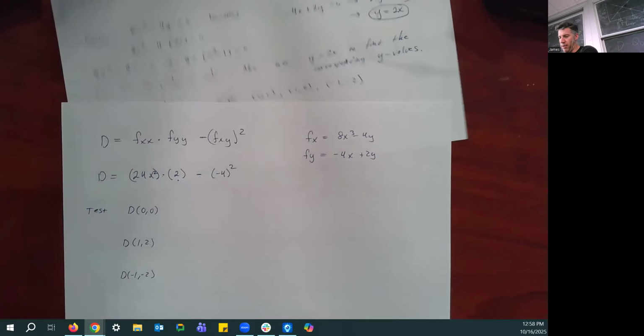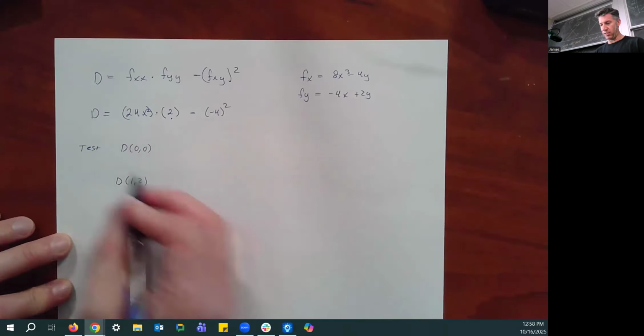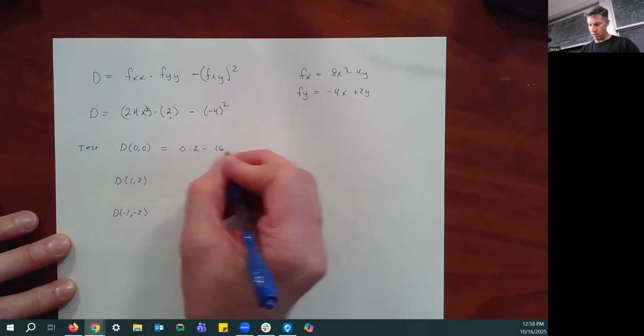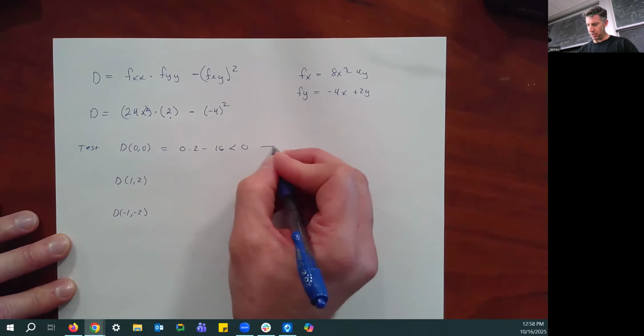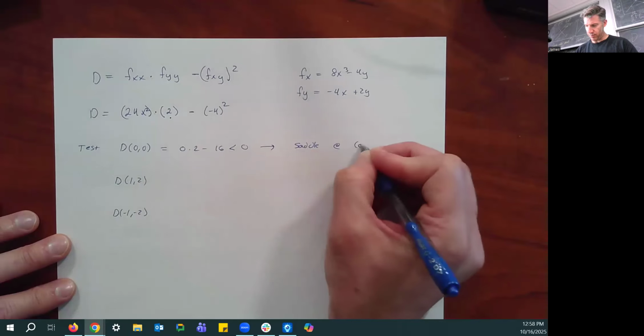All right, let's go ahead and see what we got. So our capital D is equal to 24x squared times 2 minus 16. Plugging in 0, 0, we're going to get 0 times 2 minus 16, which is negative. So that's going to be a saddle at 0, 0.